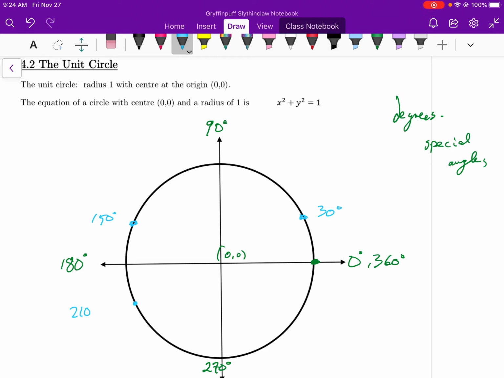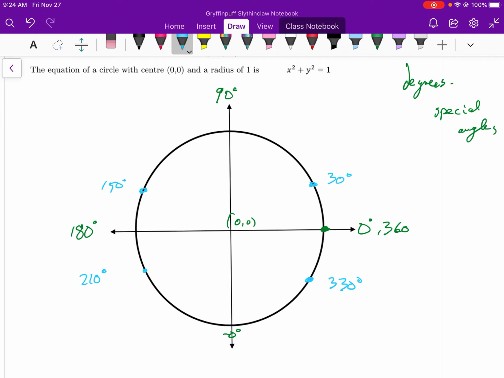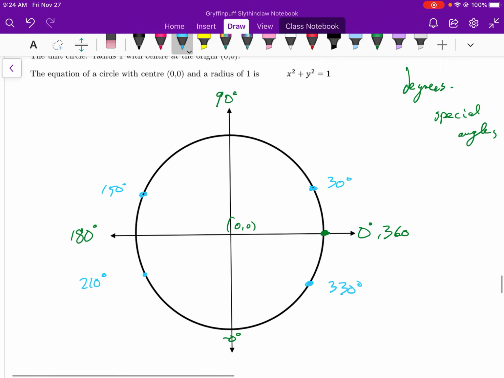The related angle in quadrant 3 is 210, and the related angle in quadrant 4 is 330. Again, I can go 180 degrees plus 30 to get 210, and to get to 330, I can go 360 minus 30. So really, these are just 30 degrees away from the x-axis.